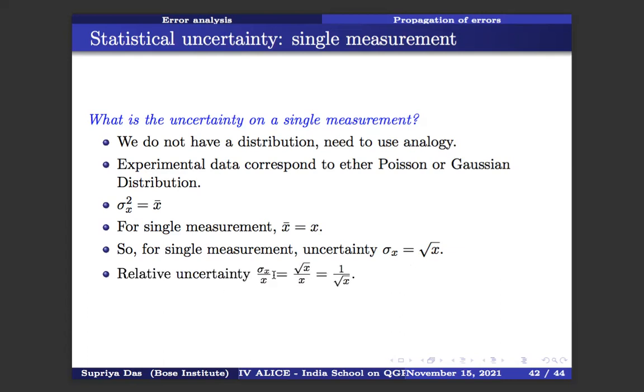The relative uncertainty for this case would be 1 over the square root of x. So if your measured quantity is very large, then the relative uncertainty is low.